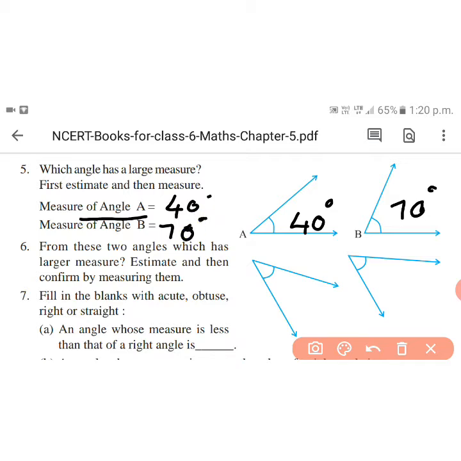So which angle has larger measure? Angle B has larger measure. So the answer is angle B has larger measure.